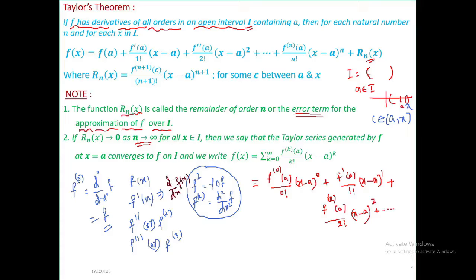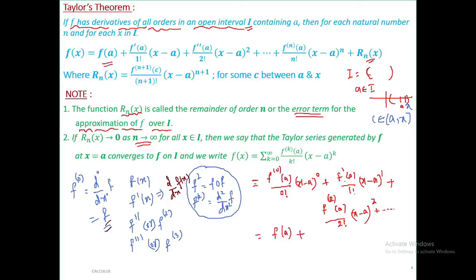Zero time derivative means d power 0 by dx power 0, indirectly no derivative. That means f itself. So here, no derivative means the function itself, f of a only. And (x minus a) to the power 0 is 1, and 0 factorial is 1. So the first term is f of a. That's what you look at here in the series. The first term is f of a.